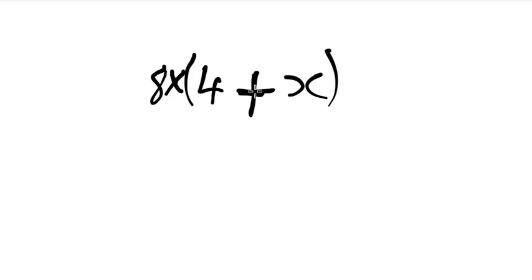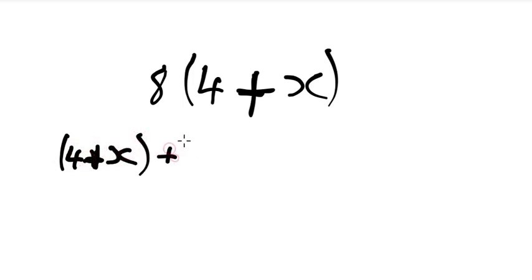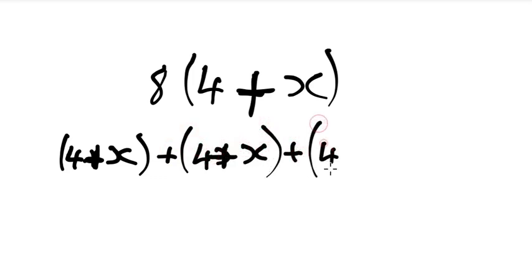So we don't need the times to know that we're going to times. If the 8 is next to this bracket, it means we've got 8 of them. If you like, you can imagine 4 plus x plus 4 plus x plus 4 plus x.